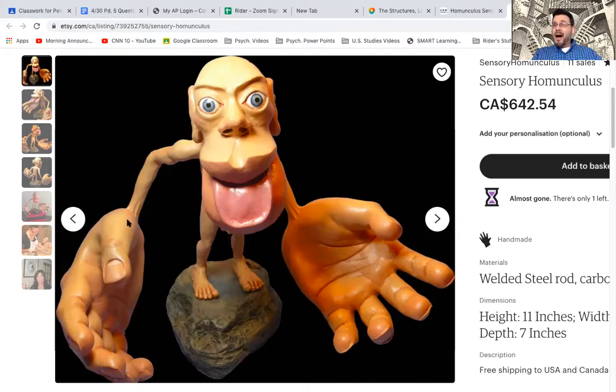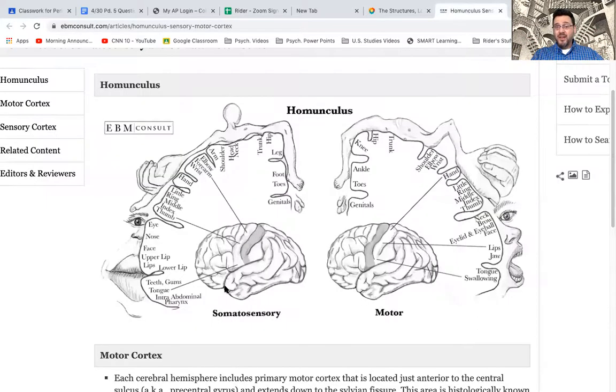This is just a reminder to you of how the sensory cortex is structured, how it dedicates surface area to certain parts of the body, the parts that are most important for the brain to get information from, at least tactile, touch information from, because, oh yeah, let's not forget, the sensory cortex is located in the front of the parietal lobe.